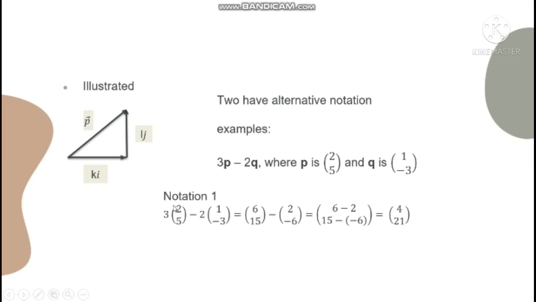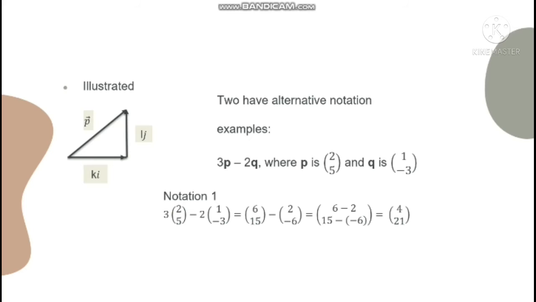So 3 times (2, 5) minus 2 times (1, negative 3) equals: 3 times 2 is 6, 3 times 5 is 15, minus 2 times 1 is 2, 2 times negative 3 is negative 6, equals 6 minus 2 is 4, 15 minus negative 6 is 21.